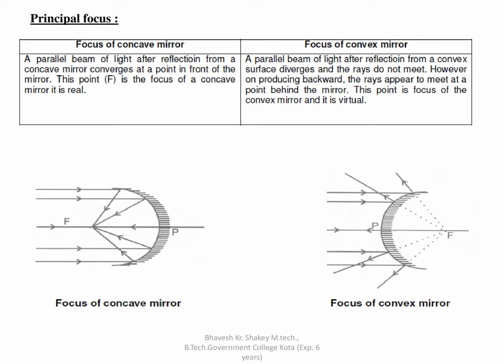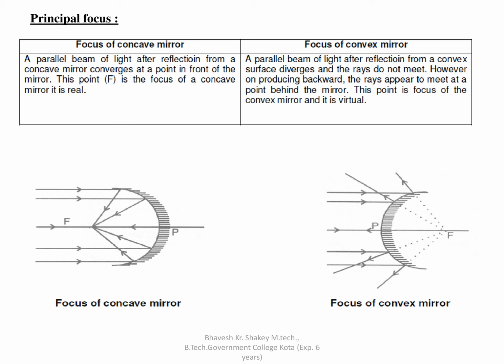Now you can see that all these lines are firm lines. Firm lines indicate that these lines are actually meeting at that point. So it means that this principal focus is a real one. Now you understand how we can find the principal focus of a concave mirror.